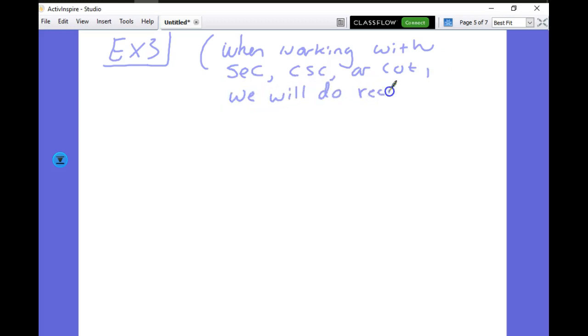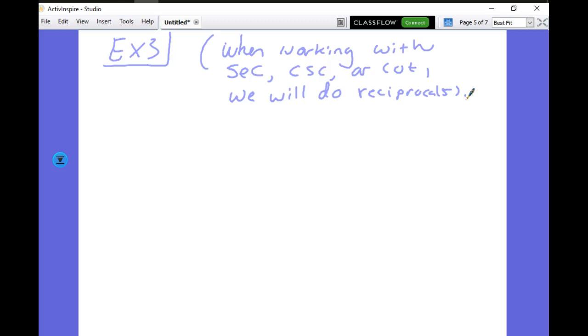And I'll show you what I mean by that. Notice we haven't done any of those today? Those values aren't on our unit circle, and that's just too much to memorize. We've already got too much to memorize, right? So we're not memorizing our secant, cosecant, and cotangent values.